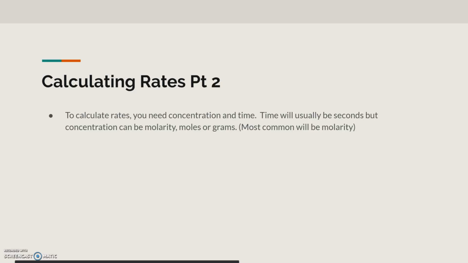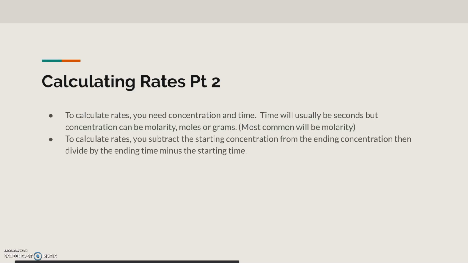Calculating rates, part 2. To calculate rates, you need concentration and time. Time will usually be seconds, but concentration can be molarity, moles, or grams. Most commonly, it will be molarity. To calculate a rate, you subtract the starting concentration from the ending concentration.